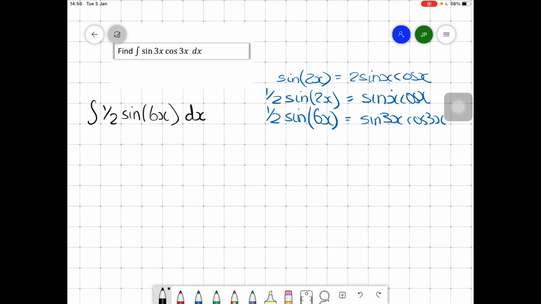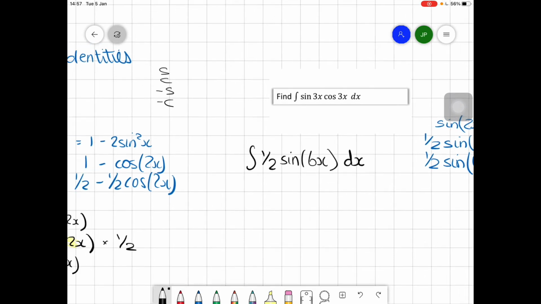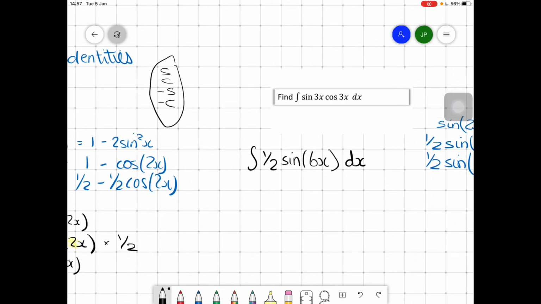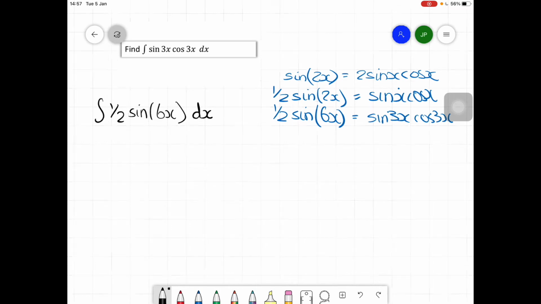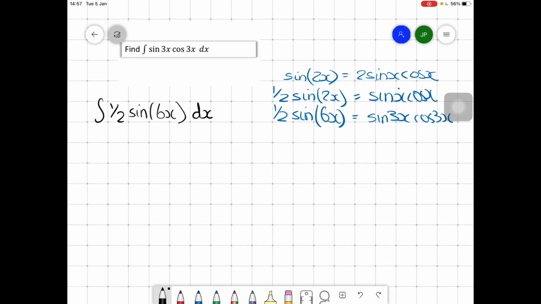So don't forget from our little feature to differentiate between sine and cos: going down is differentiating, going up is integrating. So if I've got to integrate sine, I come all the way back around and that's going to give me minus cos. The half stays where it is.